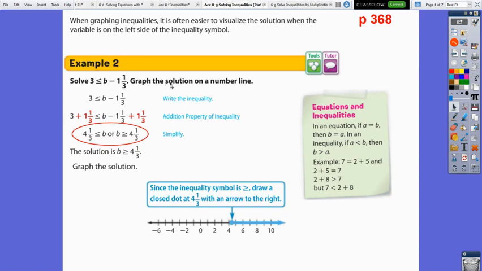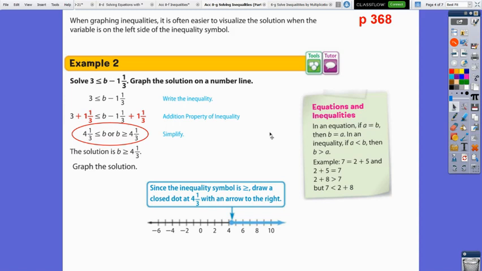Now this problem has the variable on the right side of the inequality. Some people don't like that, and that's okay, but this brings up the second major difference between inequalities and equations. In an equation, like it says in the sticky here, you can change which side is on the right and which is on the left without doing anything else.